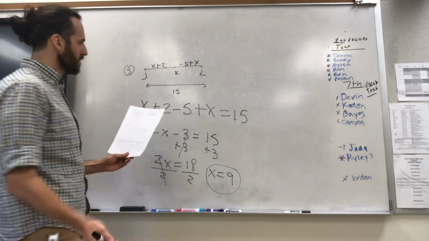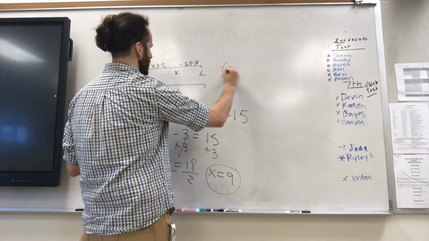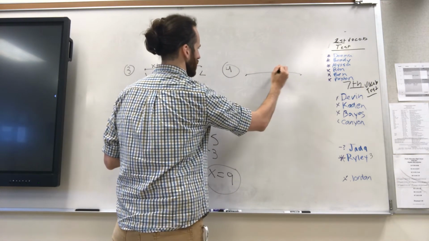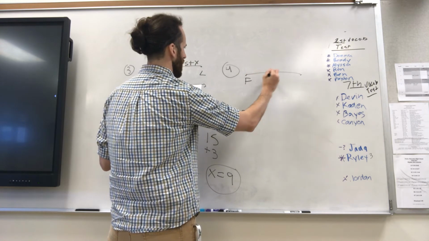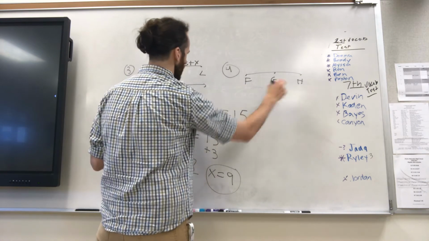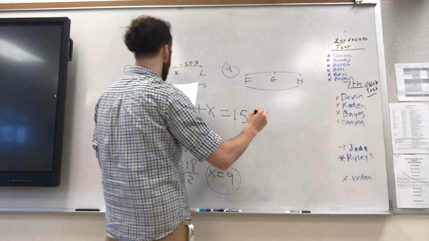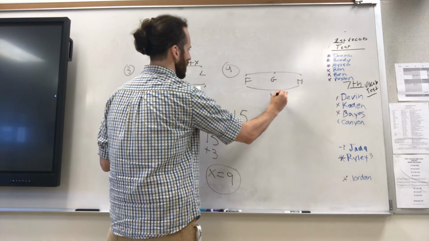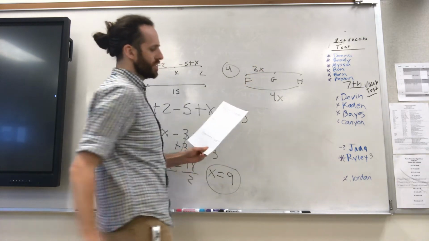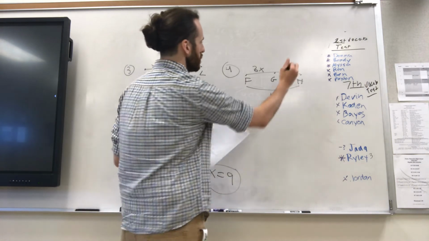Pretty easy. Number 4 is a little more difficult. Right on the board again. Number 4 says that F, G, H, the entire line, is equal to 4x. FG is equal to 3x, and GH is equal to 3.